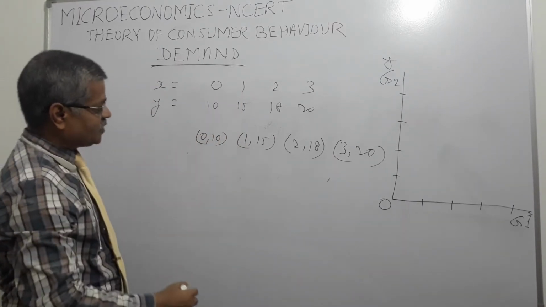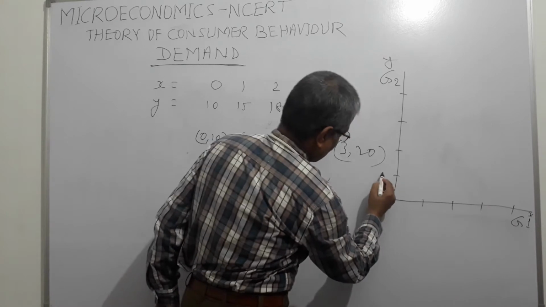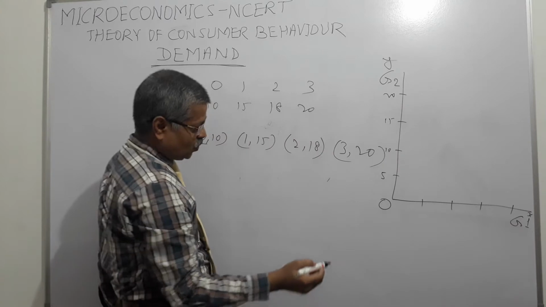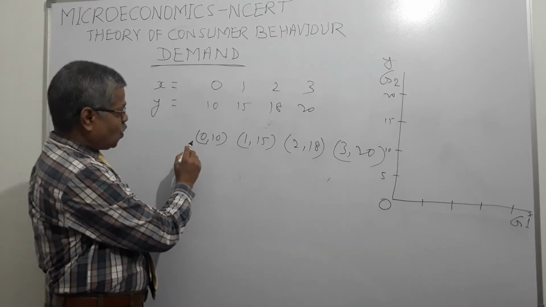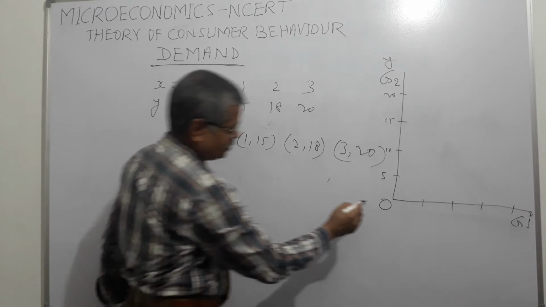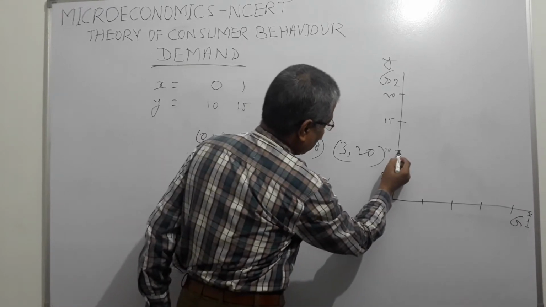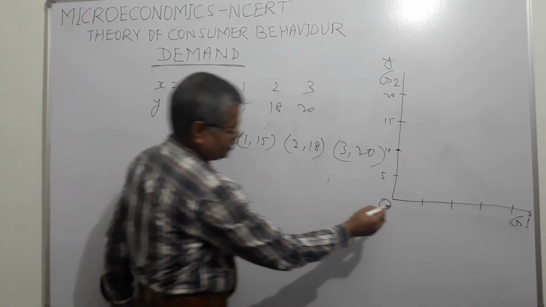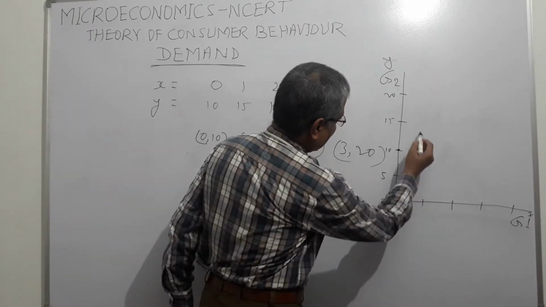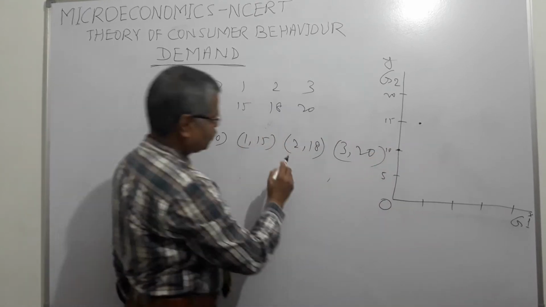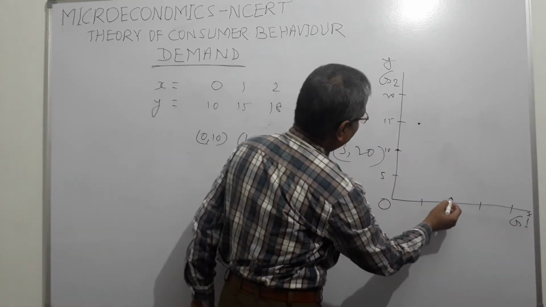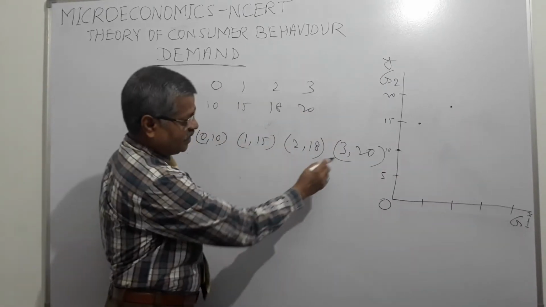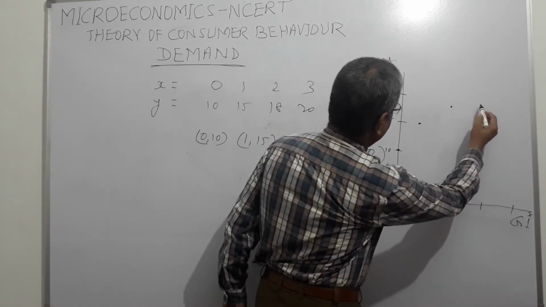So, the combinations are 0, 10: 0 of X, 10 of Y. It comes here. Next one, 1, 15: 1 of X, 15 of Y. Then 2, 18, and 3, 20.